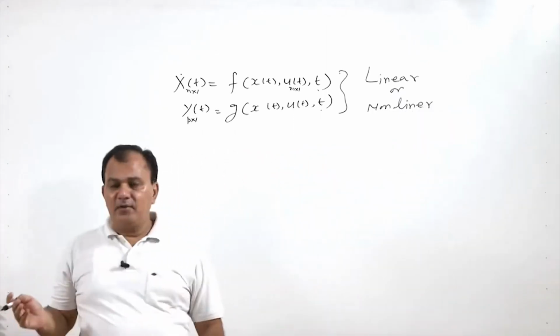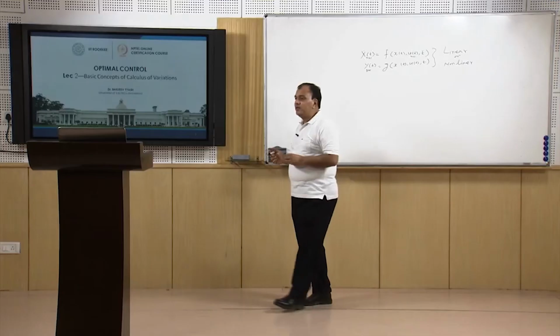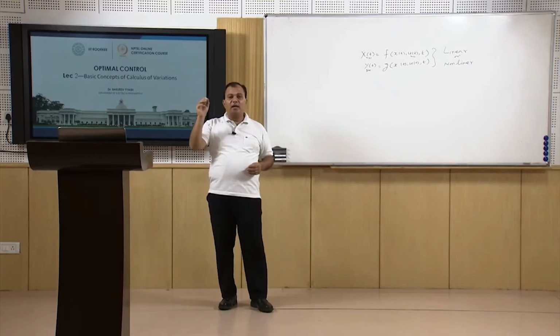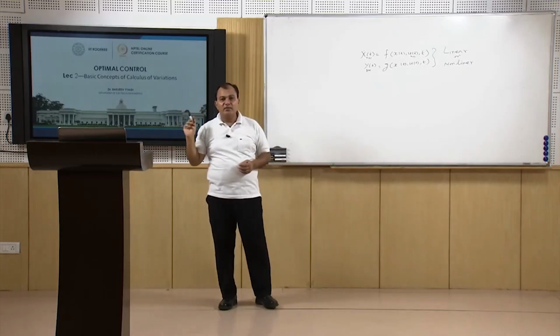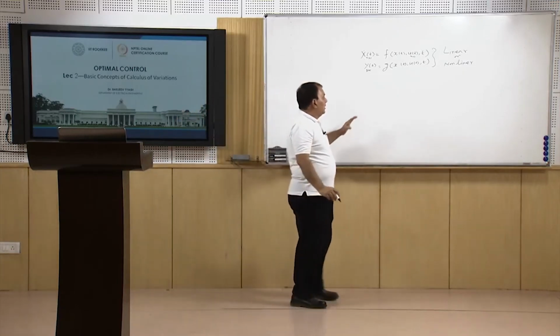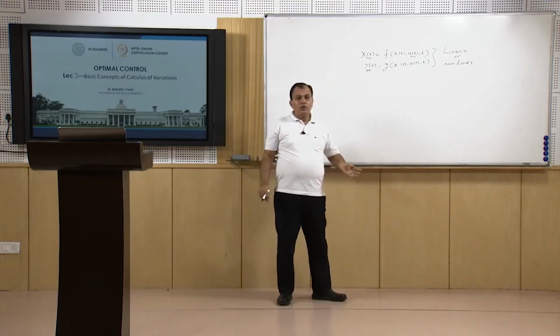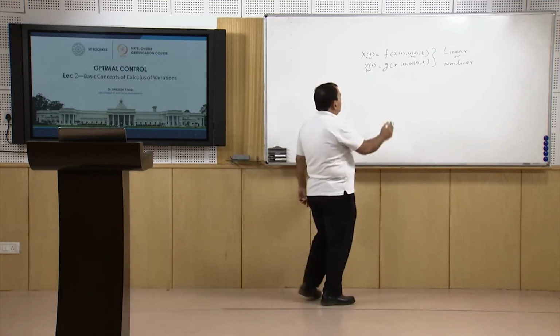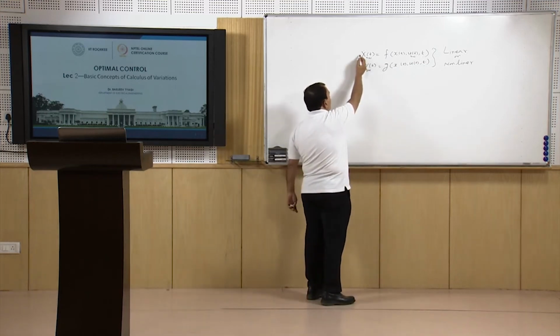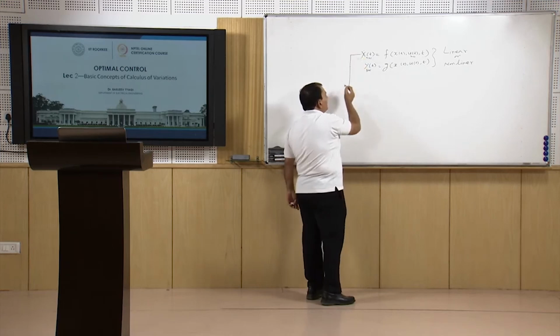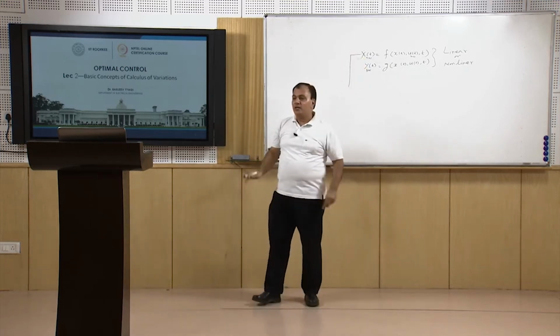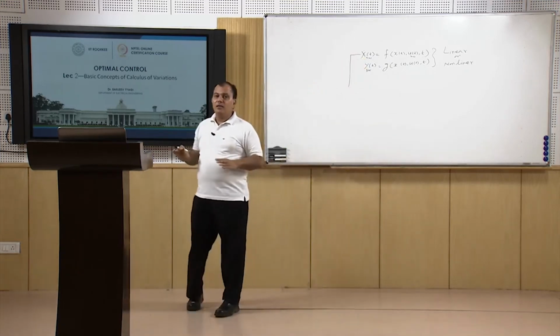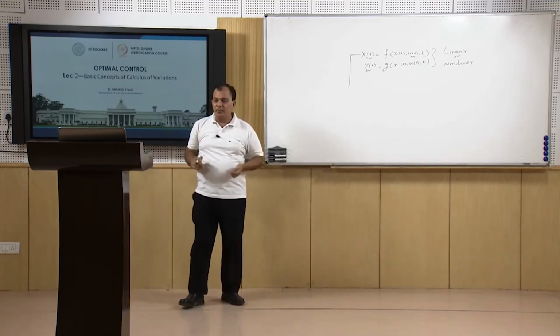The linear case representation we have seen in the previous class, that is x dot t equal to A t x t plus B t u t, and y equal to C x t plus D u t. So, this is my general representation. This means this is n number of first order differential equations.